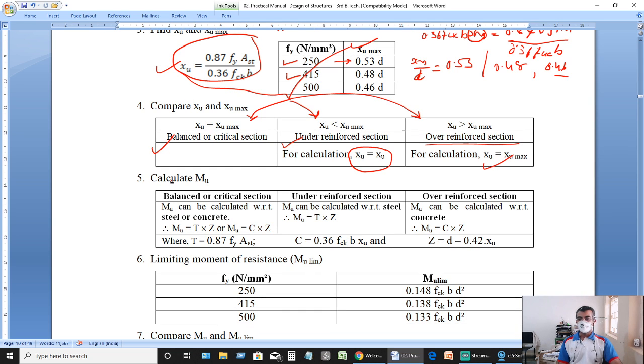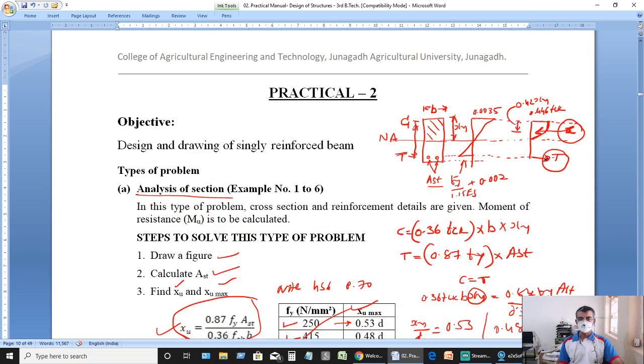Then we find out how much moment that section can resist. If you have the balanced section, then we consider T into Z. Let me see what T into Z or C into Z is.